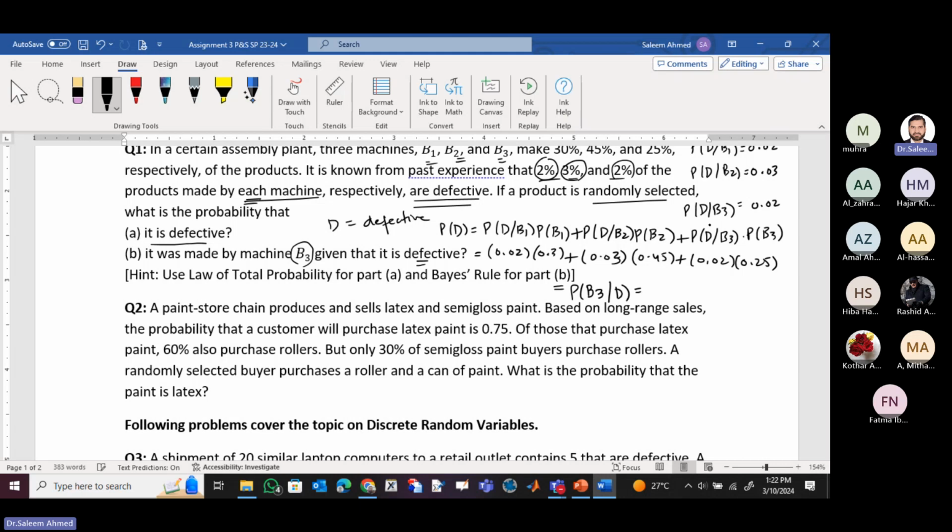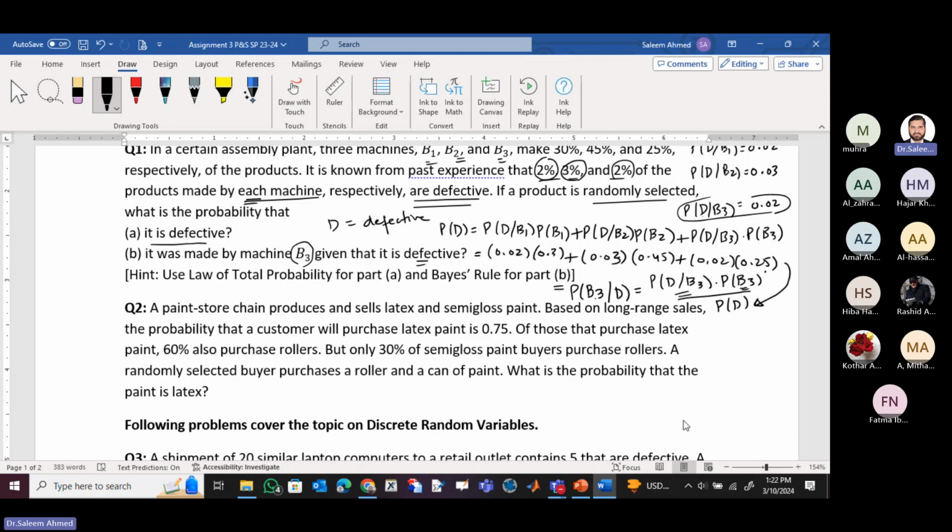So see, it is opposite. D given B3 is given to me, but they are asking me B3 given D. So I will use the Bayes law. In Bayes law, I will just swap them. D and B3 change their position, but then I will multiply by B3 and divide by the probability of defective. So defective will come from here, and D given B3 is 0.02 and B3 is 0.25.